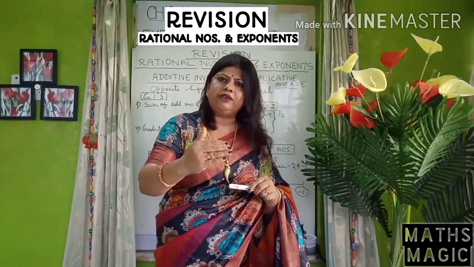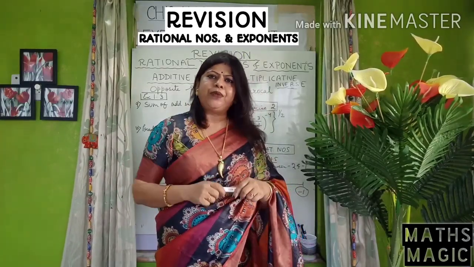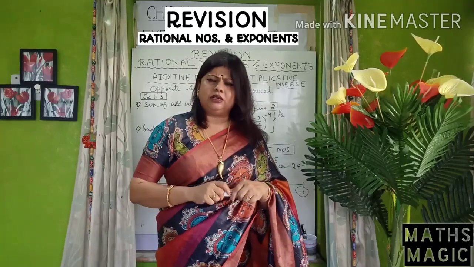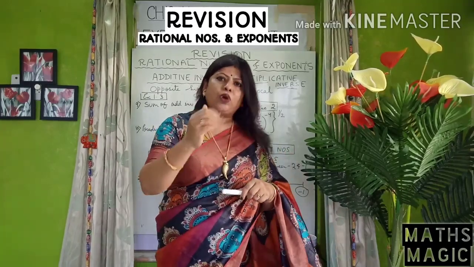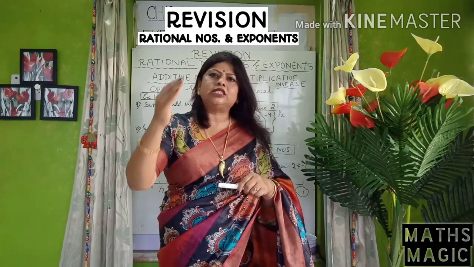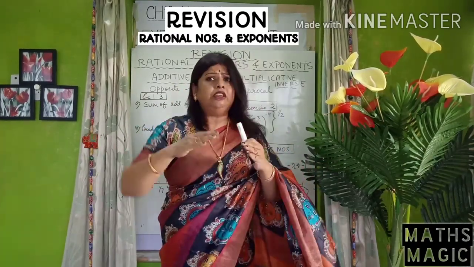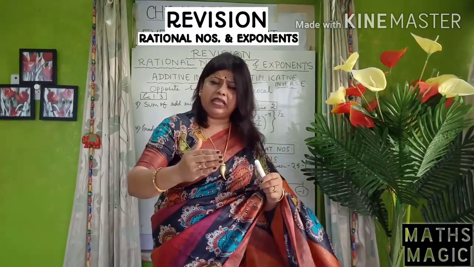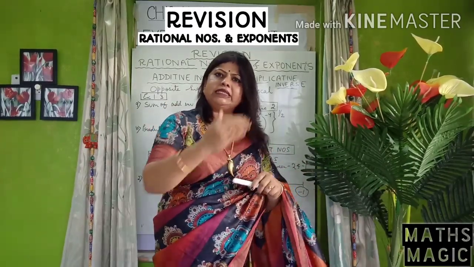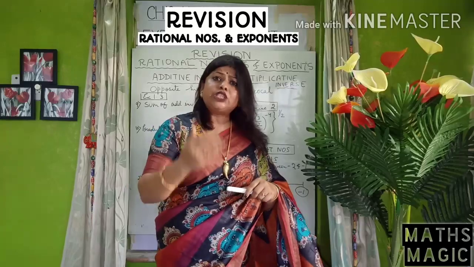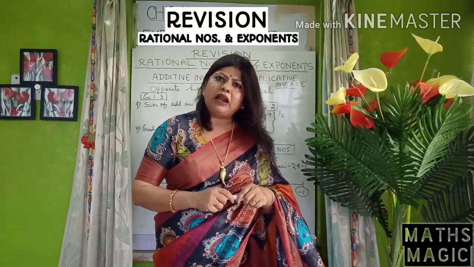You have already done rational numbers in class 7. Now in this particular chapter, my dear students, you have questions like addition, subtraction. So simply the way you solve fractions, the very same way, that is you will take up LCM and solve. That is addition and subtraction. Next you have multiplication. What you have to do in multiplication?